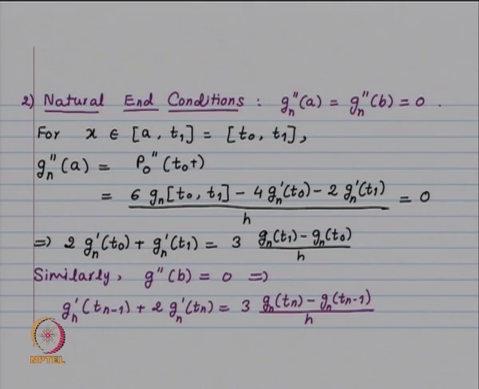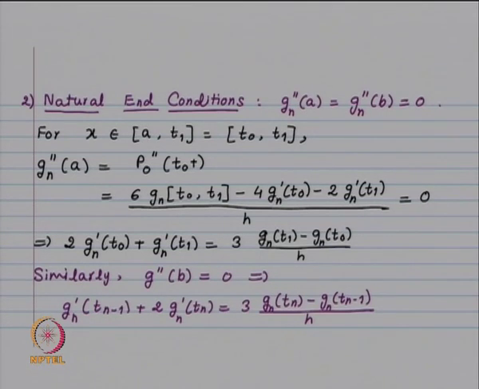Keeping on the left the unknowns g n dash t 0 and g n dash t 1, and on the right hand side the known values which are g n t 1 and g n t 0, they are respectively equal to f at t 1 and f at t 0. So, we get an equation. Similarly, look at g n double dash b equal to 0 and obtain a condition which involves the derivatives of g n at t n minus 1 and t n and the function value.